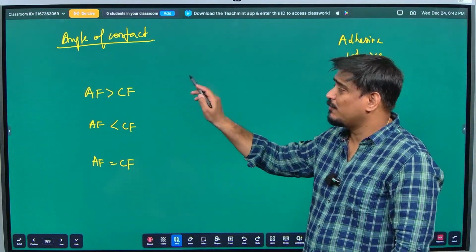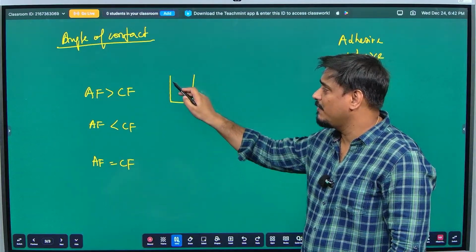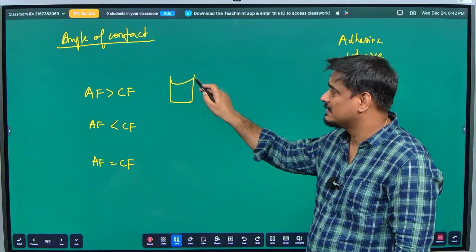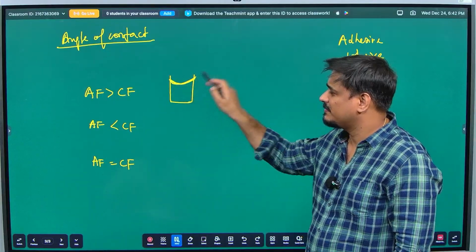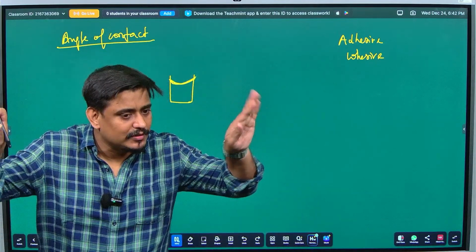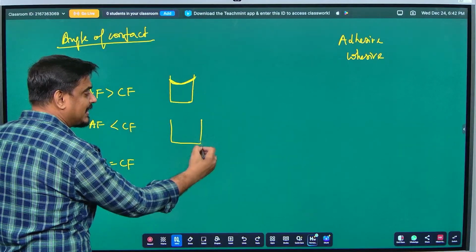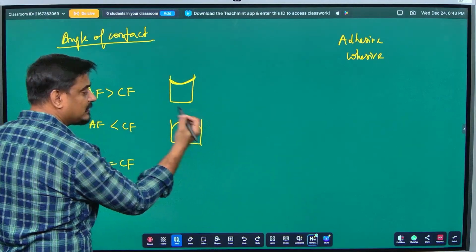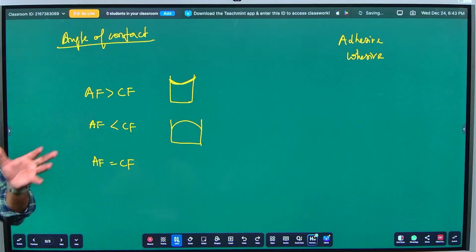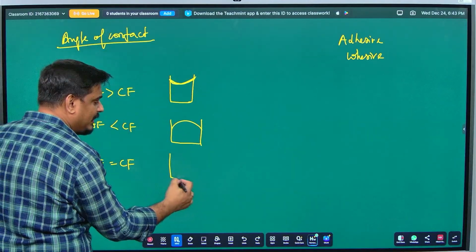If adhesive force is more than cohesive force, then we will have a meniscus like this. That is, the liquid is trying to wet the wall, it's sticking to the wall. If adhesive force is less than cohesive force, we will have a meniscus like this, where the liquid is not trying to touch or stick to the wall. If they both are equal, it will be like this.